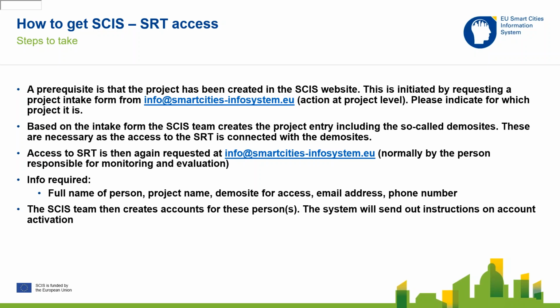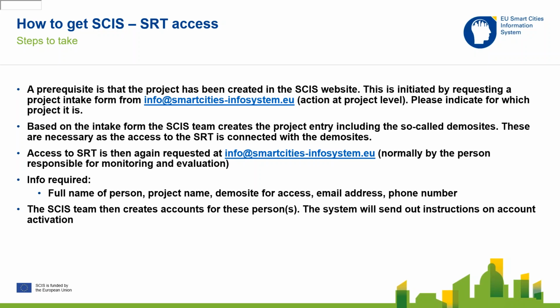So usually at the beginning of the project, so that is currently the case for, let's say, Atelier, Sparks, and Positive. The project needs to be known, and the way to do that is to ask for a project intake form from info@smartcitiesinfosystem.eu.